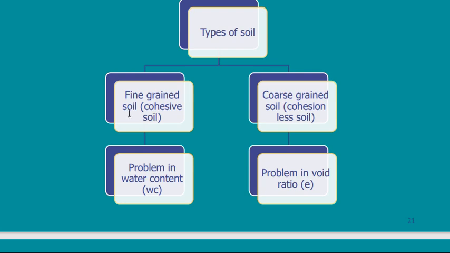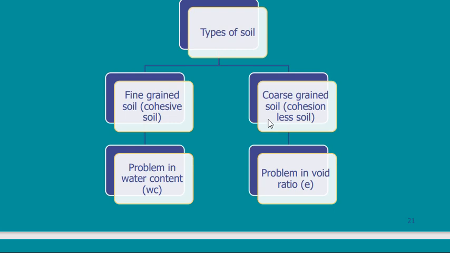Usually in fine-grained soil, which is like the clay, we always have the problem of water: increasing the quantity, decreasing the quantity, and so on. But in coarse-grained soil like sand, you don't have any problem with water.